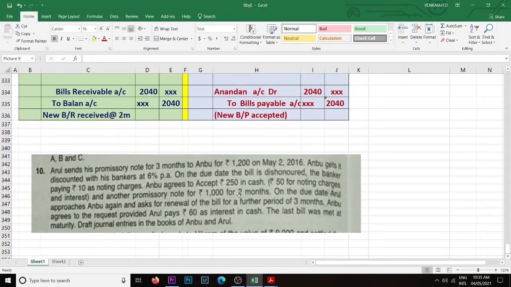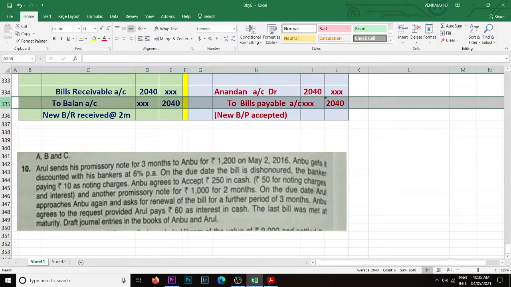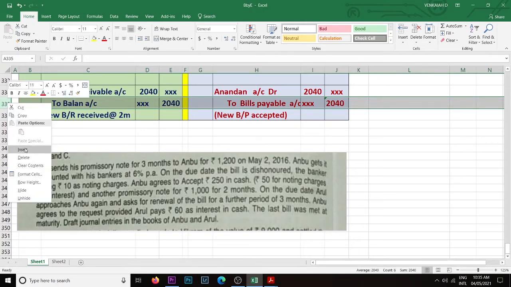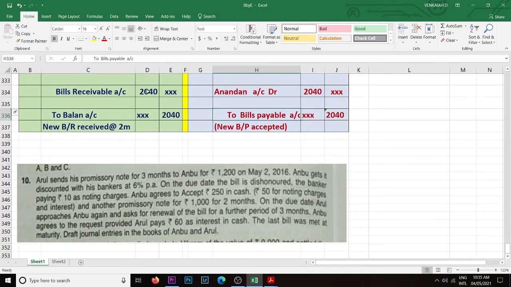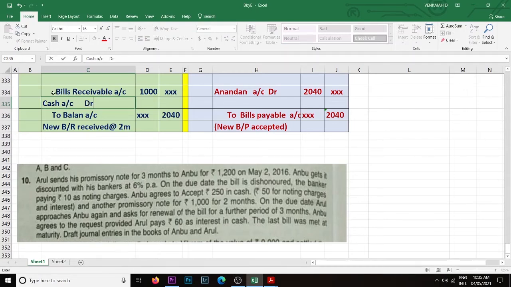New bill and bills receivable account debit. Bills receivable, new bill amount is 1000. Cash received is 250. Amount is 1250.